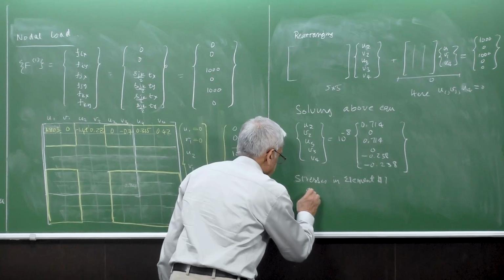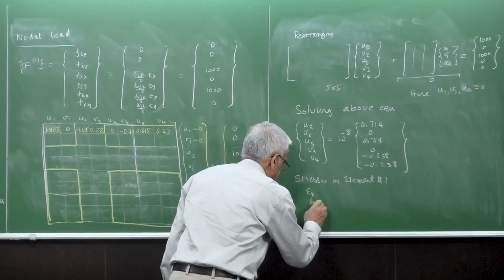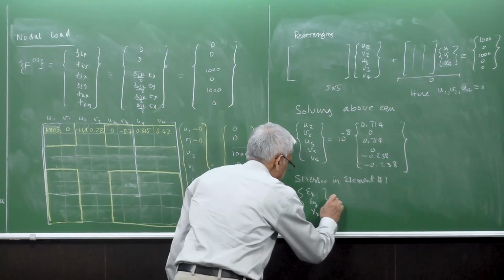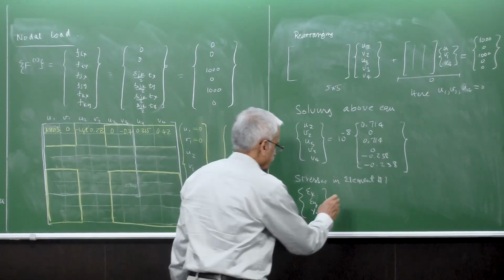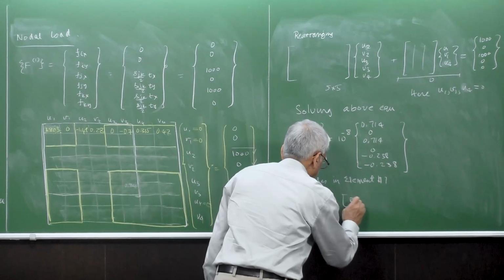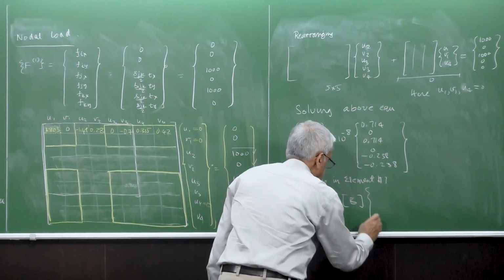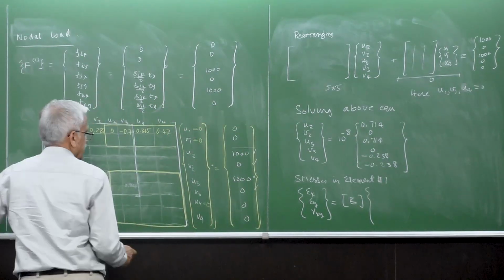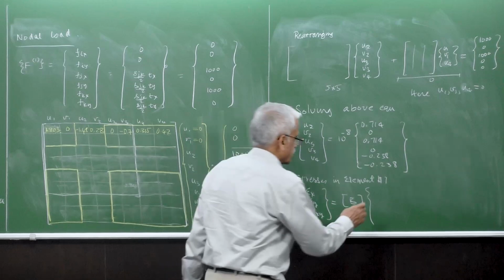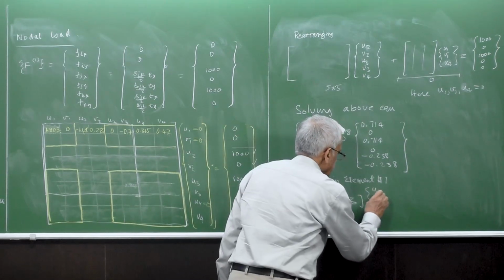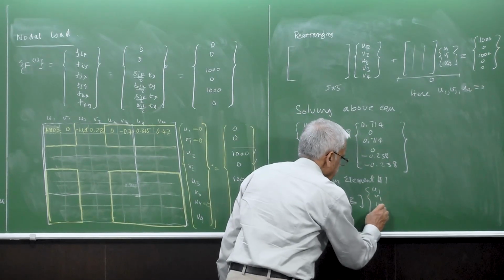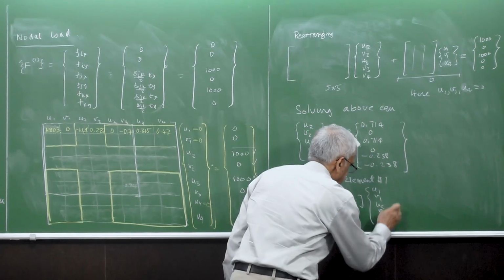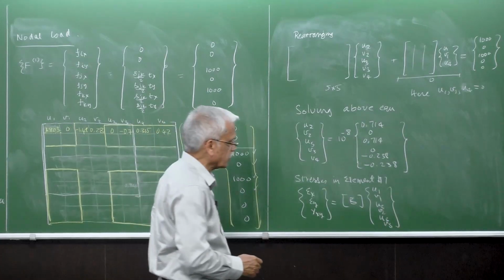To get the strains, we need the B matrix multiplied by the displacements. For element 1, the B matrix consists of the degrees of freedom U1, V1, U2, V2, U3. Okay, so this is the B matrix.